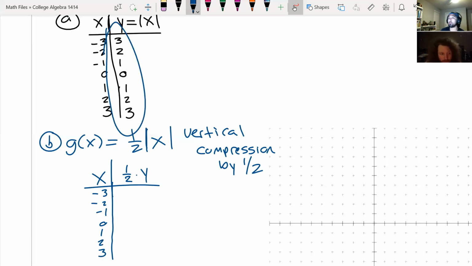Take all these y values and multiply them by 1/2. So 3/2, 1, 1/2, 0, 1/2, 1, and 3/2. There we go.